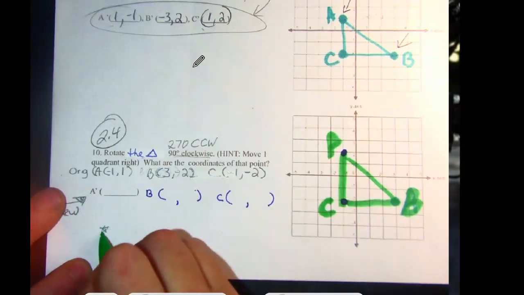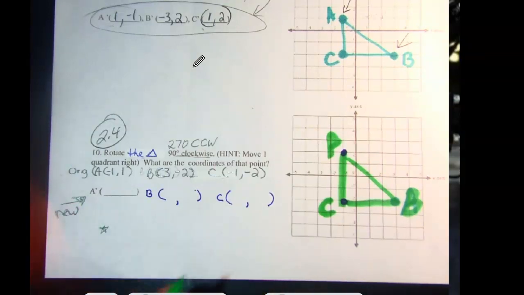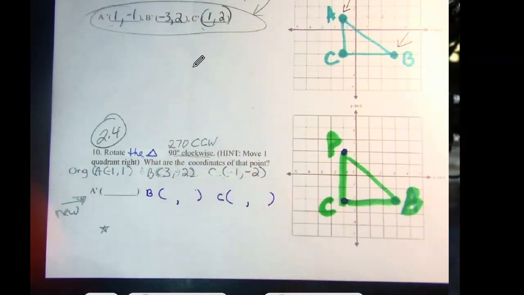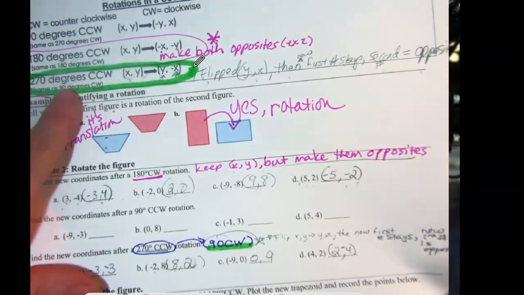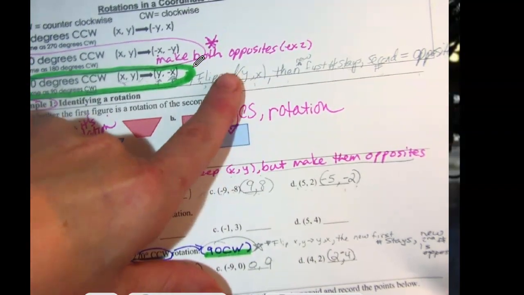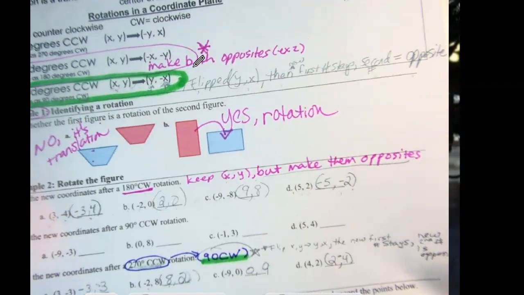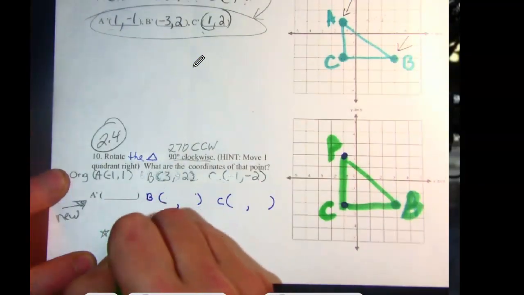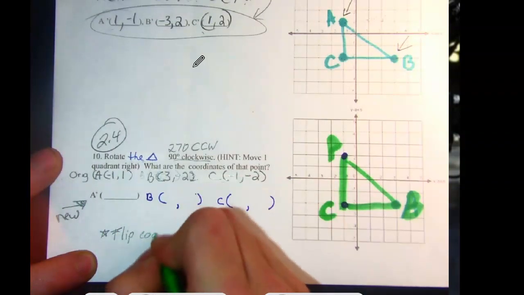I'm going to put the rule down here and refer back to my note sheet that's in front of me, which says 2.4. So yours is going to look like this, just like mine. We go back to this rule, the 270 counterclockwise and 90 degrees clockwise. So we flip our X and Y, and then the first one stays the same, and the second one becomes its opposite.